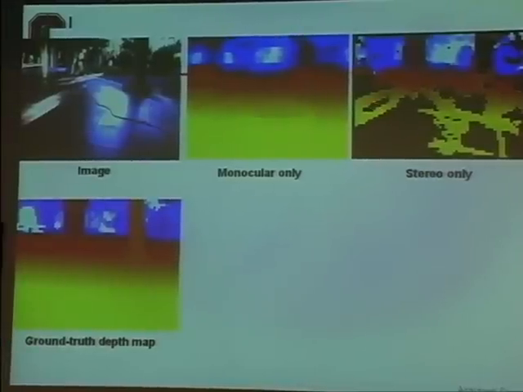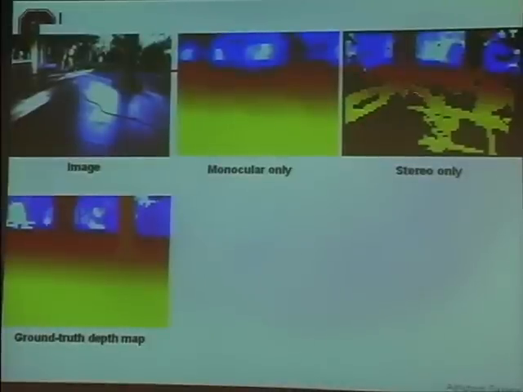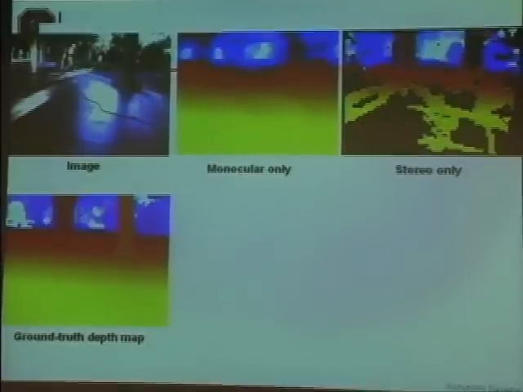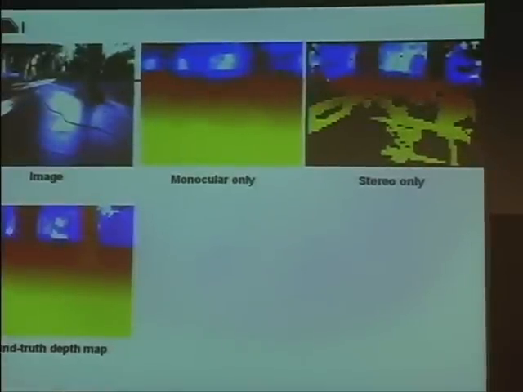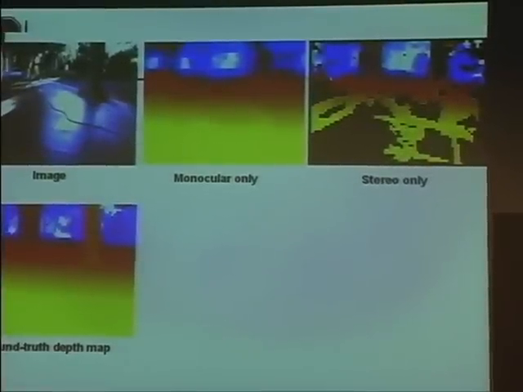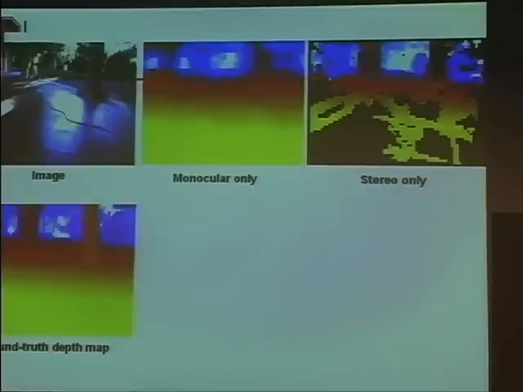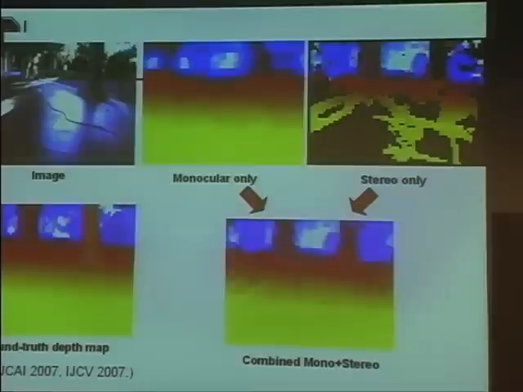Now let's say we have a stereo camera that many of the robots have, or any other scanner, maybe a laser scanner. Then you get some other depth values, but they also make mistakes. For example, the stereo vision completely fails in these black areas because of reflection and no texture. So what we do is we extend our algorithm to also consider the monocular cues as well as the stereo cues, and we combine them together to produce a better depth map.